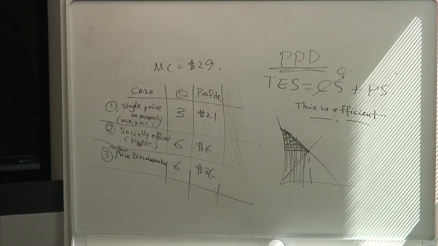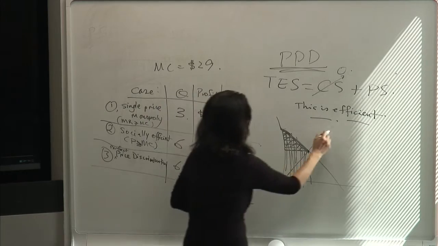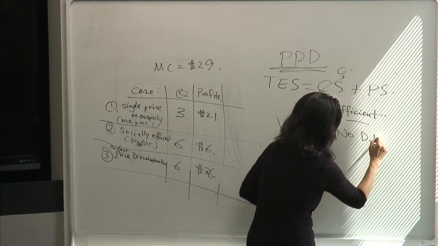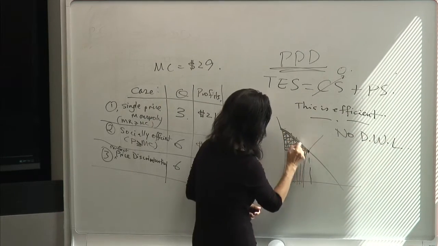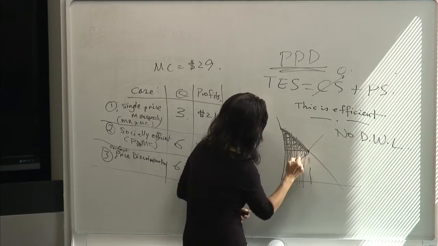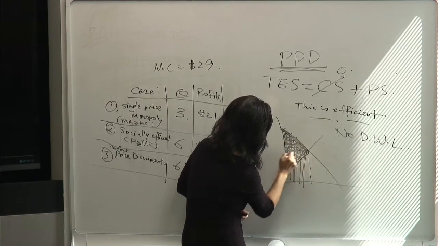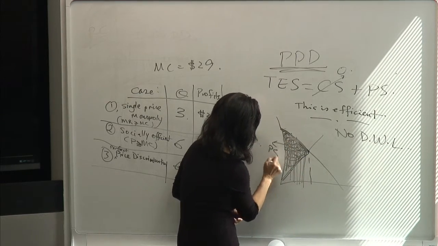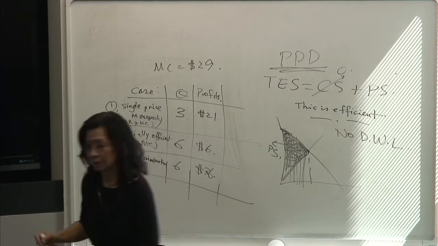Get that? So that's why I write it down, this is efficient. It is efficient because basically you don't have net waste loss. That whole piece here becomes producer surplus. That's right. Okay, I got it now.